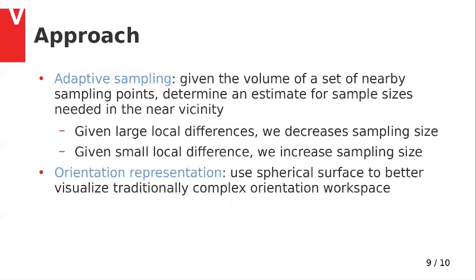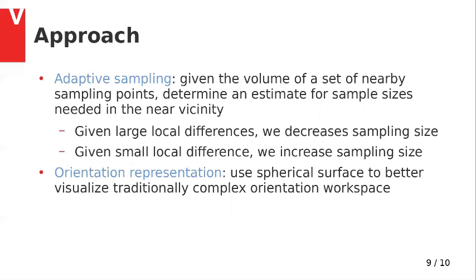Now, specifically on the sampling process, one idea right now is adaptive sampling. So what we do is we find these workspace values at a given grid center. We find how the nearby points relate to other nearby points. And if there's a large difference between them, then we would decrease the sampling size, and vice versa.